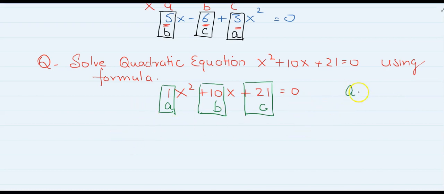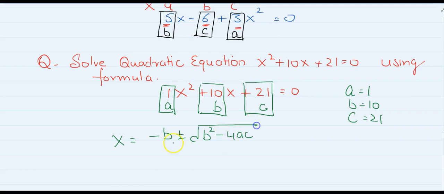So we can write here A is 1, B is 10 and C is equal to 21. Now let's write the formula. So our formula is x is equal to minus b plus minus root b square minus 4ac over 2a.